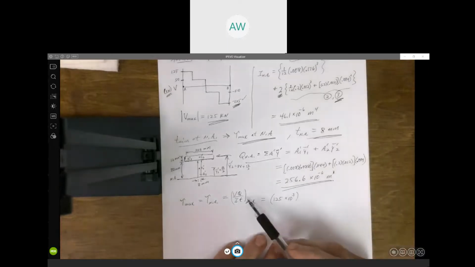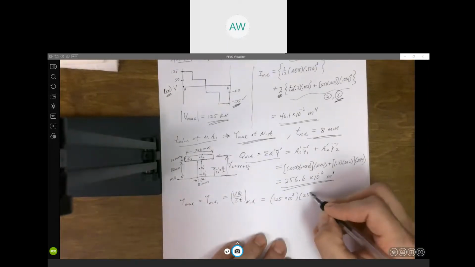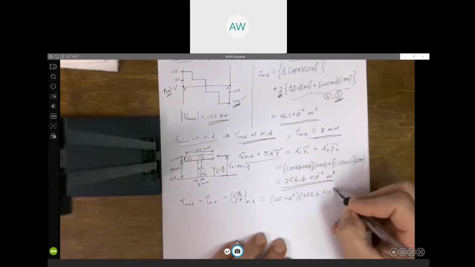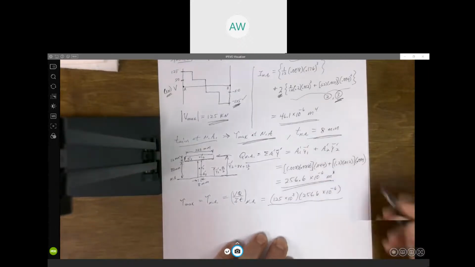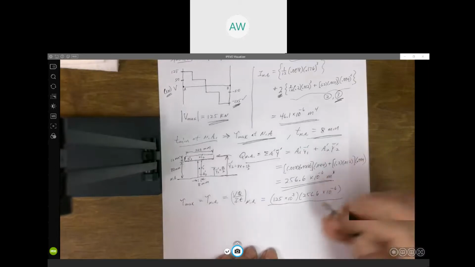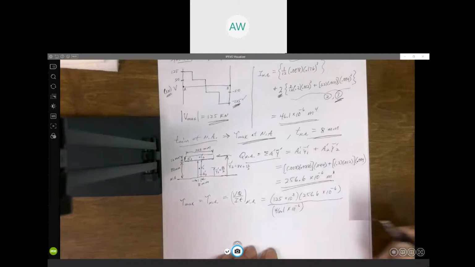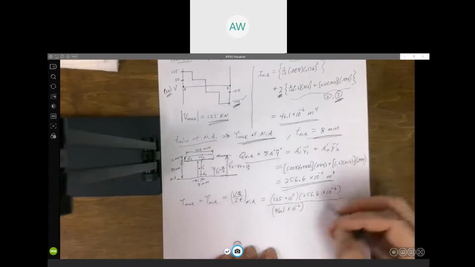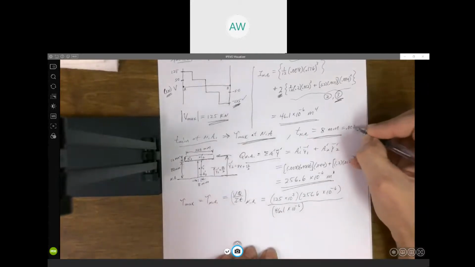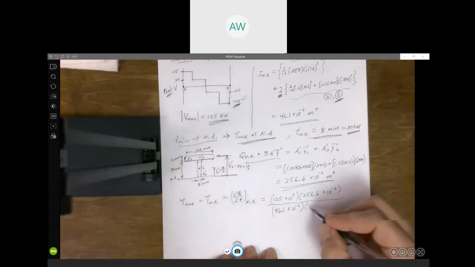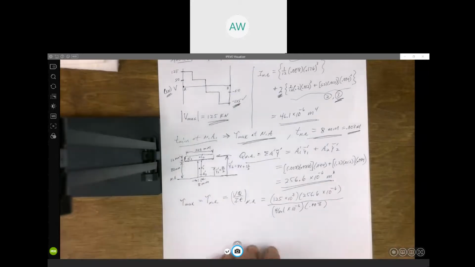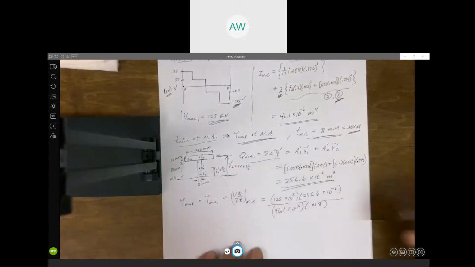Q, 256.6 times 10 to the negative 6. That's Q at the neutral axis. I, 46.1 times 10 to the negative 6. And then T, 8 millimeters, that's 0.008 meters. So again, we want it in meters, 0.008. And that will give me the maximum shear stress. That's the shear stress at the neutral axis. And I got, what did I get?